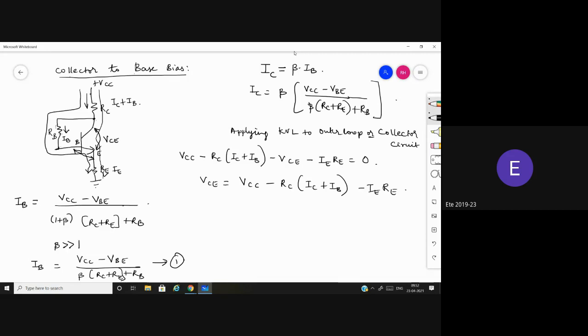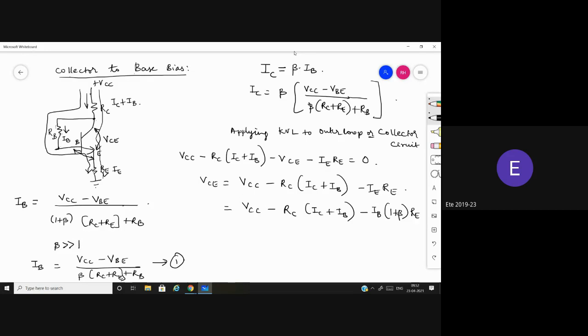Since we don't know what is IE, we can write IE in terms of IB as we have already seen. So we can rewrite this equation as RC into IC plus IB minus, we already know that it is IB into 1 plus beta into RE.